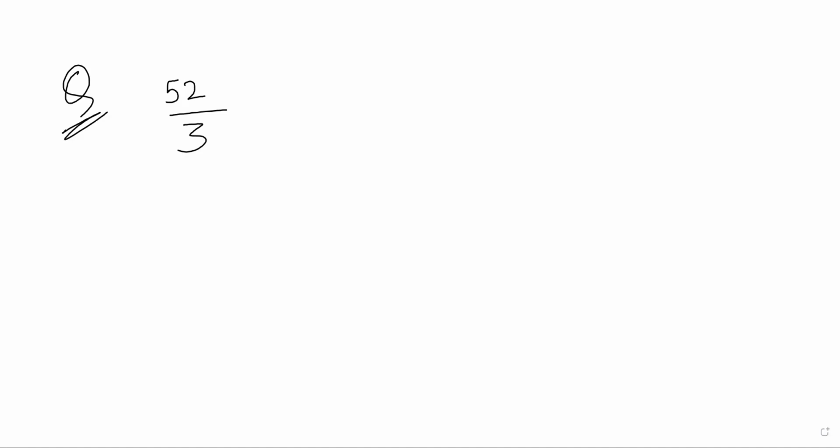You wrote 3 down and 1 up. Yes, ma'am. Now what next? 2 down, and 5 minus 3 is 2, and beside the 5 there's a 2. We have to bring the 2 down. Right. 22. Right.